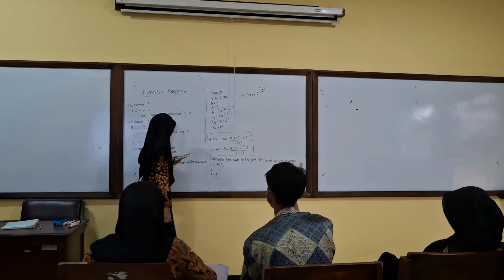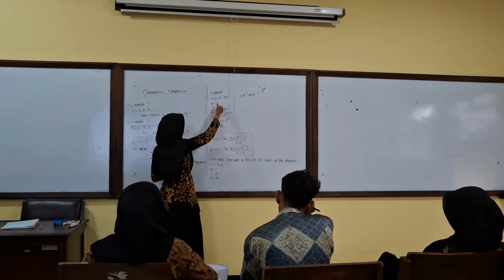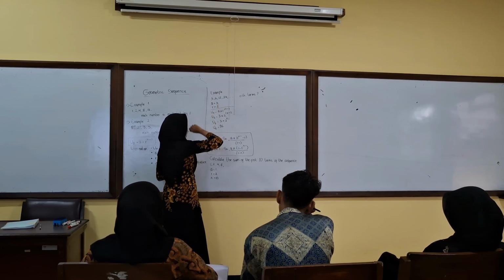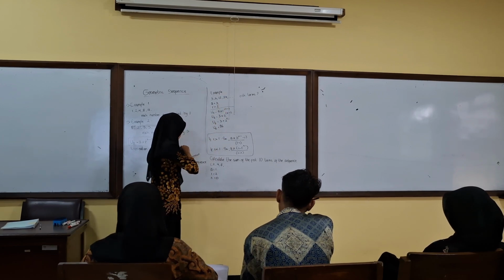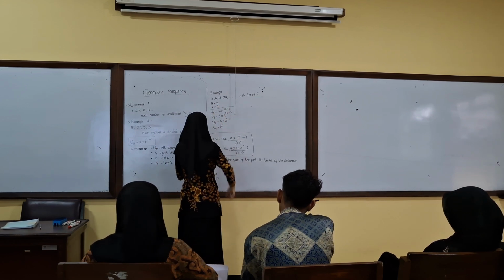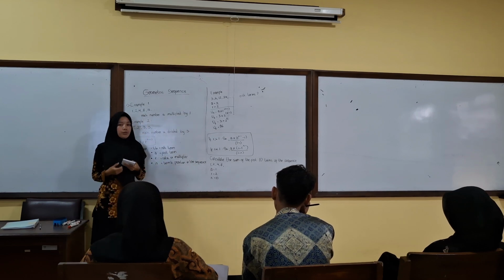For example, we have the sequence 3, 6, 12, 24. Here, a is 3 and r is 2. If we want to find the sixth term, how do we do that?